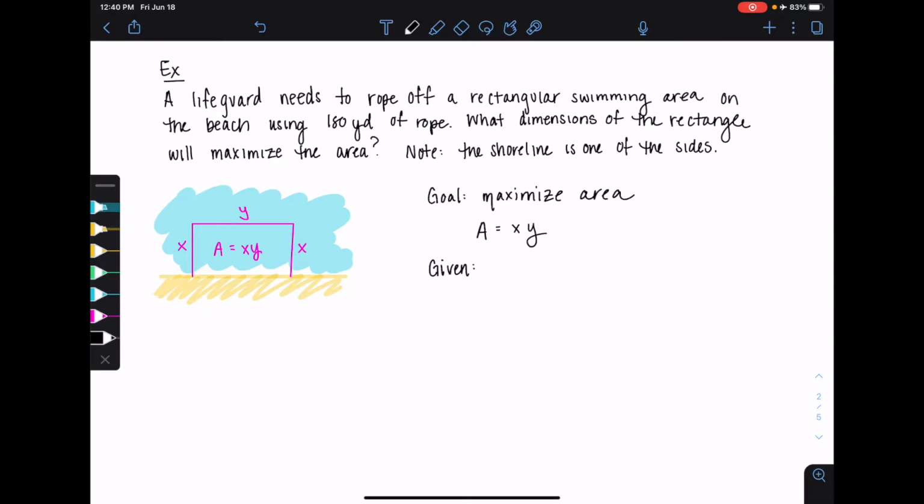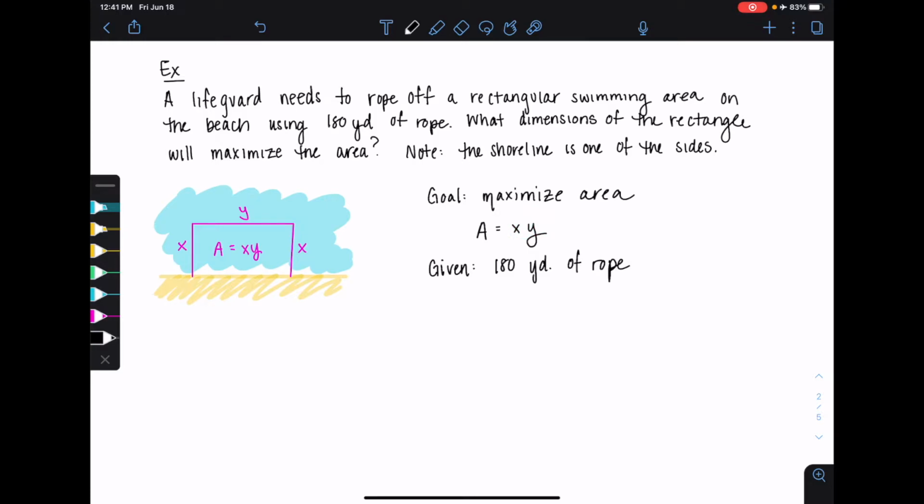We have 180 yards of rope, and that would represent the perimeter. So basically this side plus this one has to equal 180. That's how we're able to rewrite this multivariable equation in terms of a single variable.